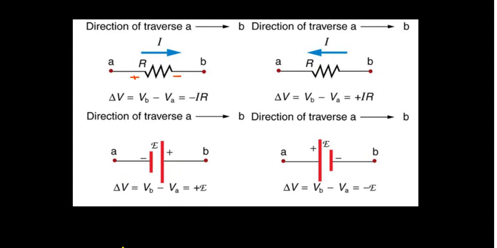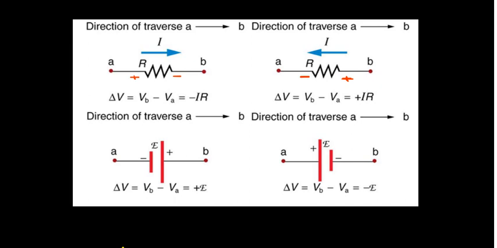Let's try the other way around. I'm still going from A to B here through the resistor, but the current is opposite my traverse direction or my travel direction or my loop direction. In this case, the positive, the high voltage, is at this end, and the lower voltage on the other end here.